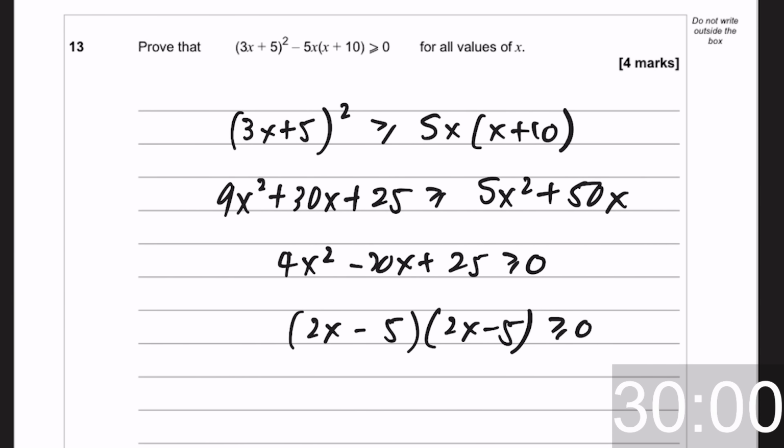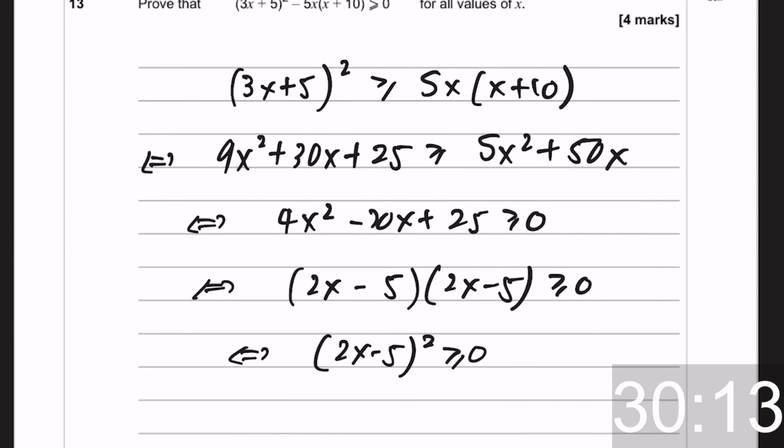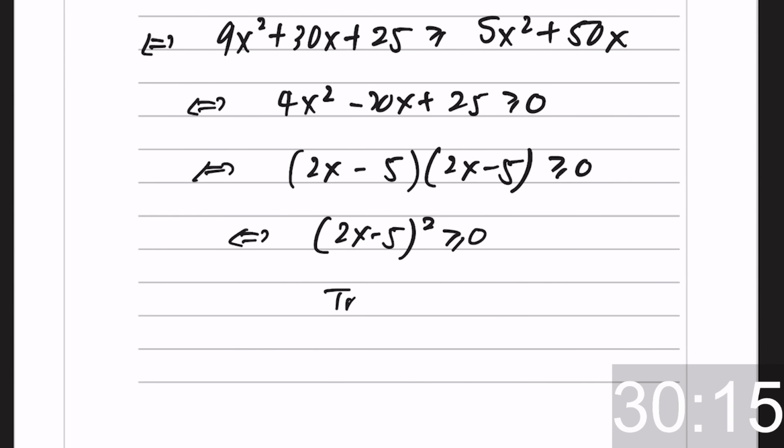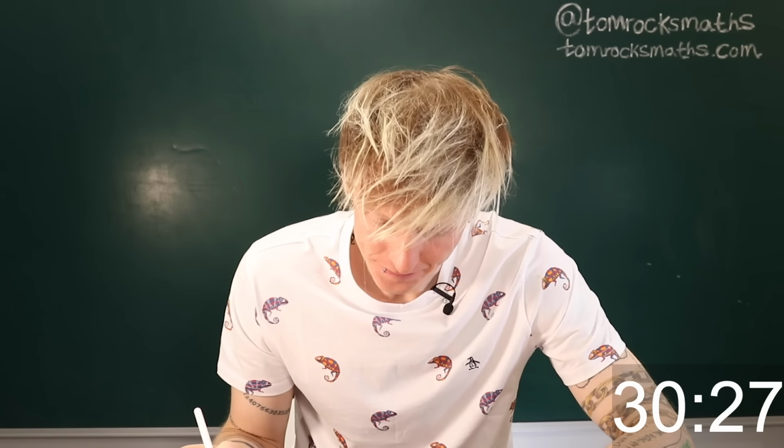So you're saying this is true if and only if this is true, if and only if 2x minus 5 squared is positive, which is now clearly true, since it's a square number. Smiley face, QED. Woo! Okay, number 14.